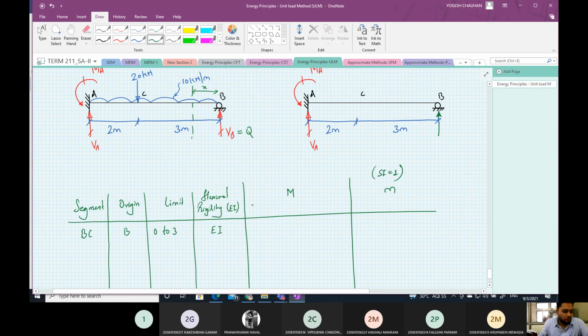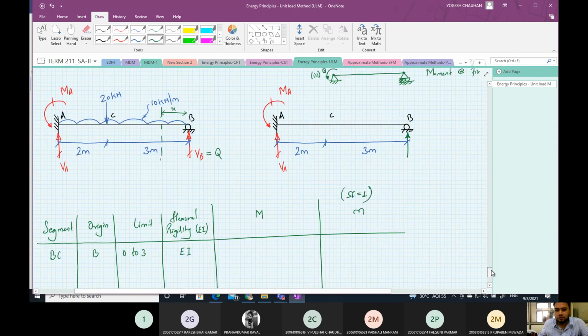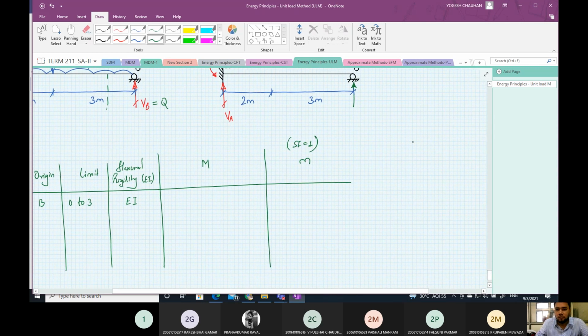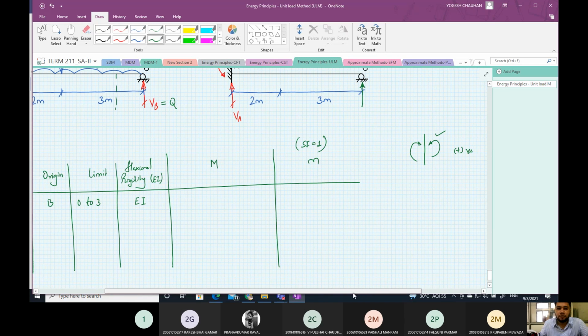Again our sign convention will be sagging as positive. We are moving from right to left. So on the right of the section, anti-clockwise is positive.